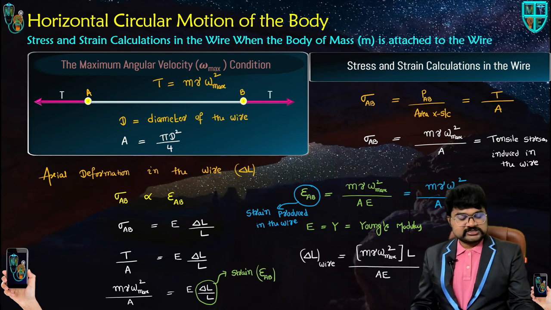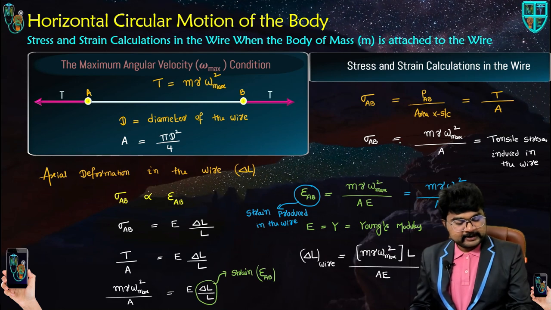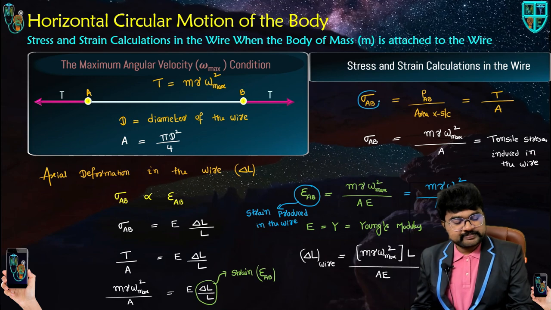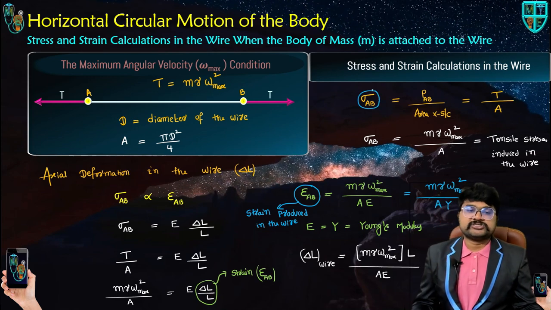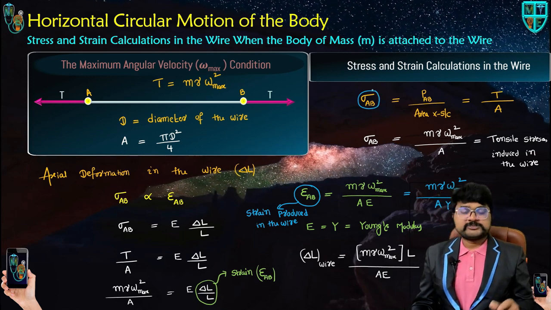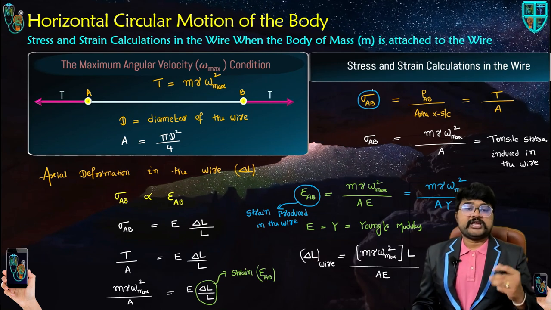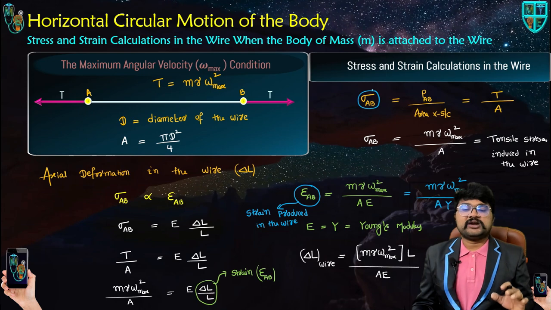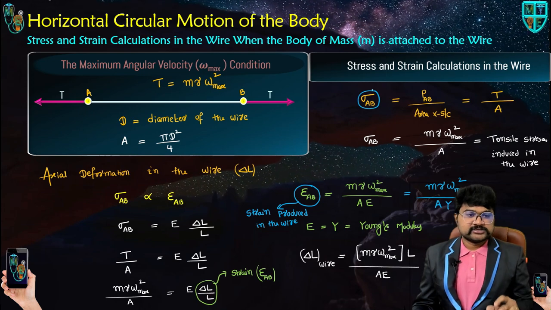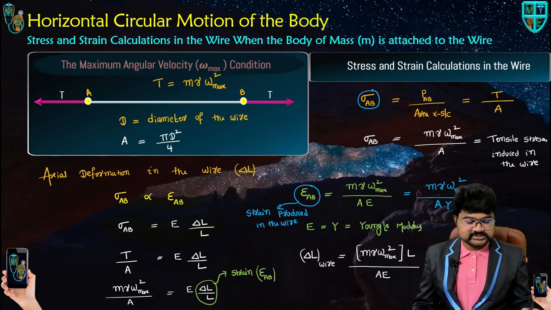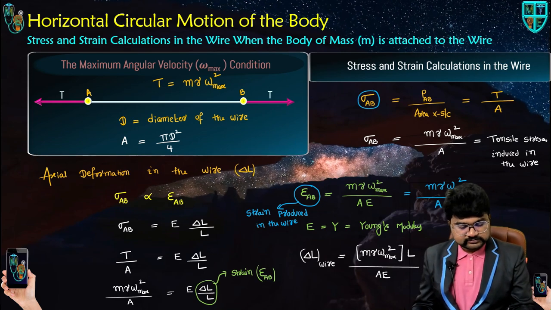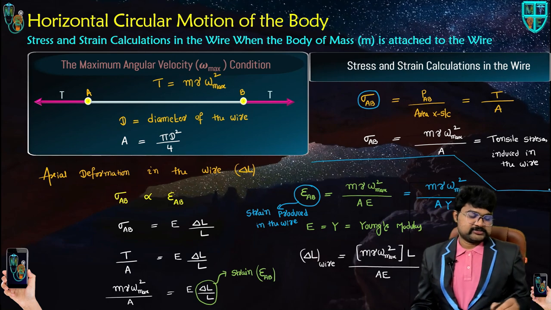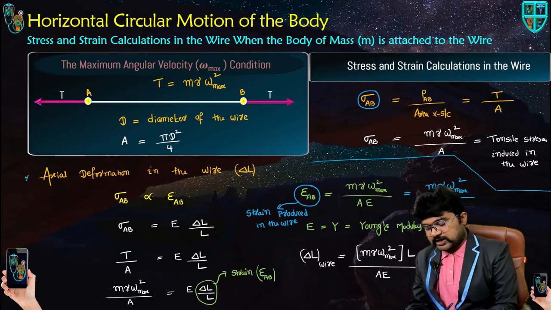So this is the tensile stress induced in the wire. Sigma AB is the tensile stress induced in the wire, epsilon AB is the strain produced in the wire, and delta L is the axial deformation in the wire. These are the things people will ask in the exam.